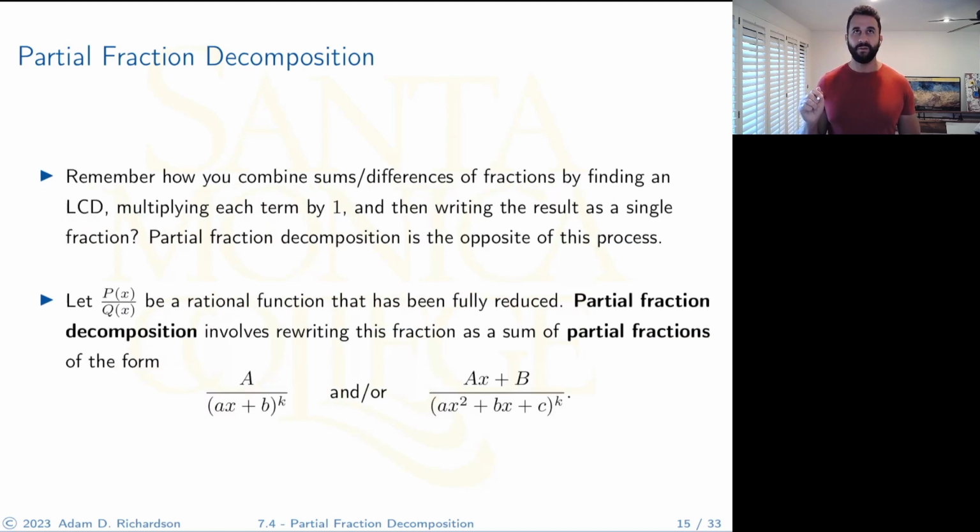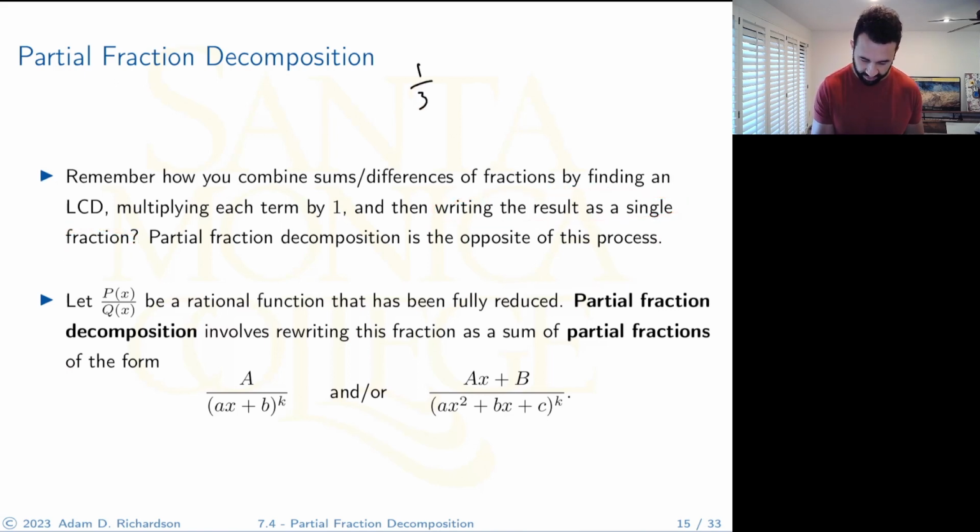All right, so here we go. Remember how way back when you learned how to work with fractions, even the first time you started using fractions back in elementary school, when you would combine sums and differences of fractions, you would find a common denominator, an LCD. You would multiply each term of the sum or difference by 1, and then you would write the result as a single fraction. Let me do an example.